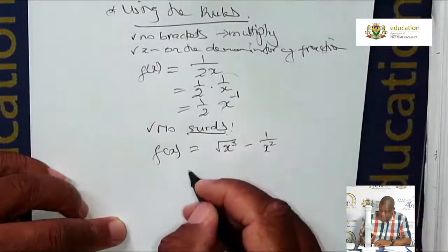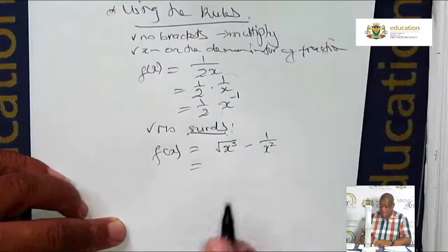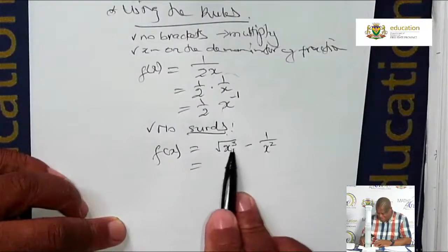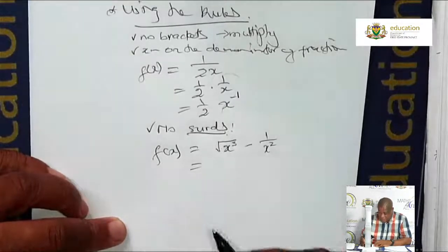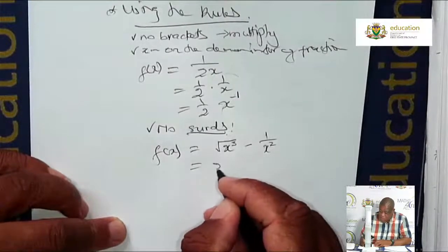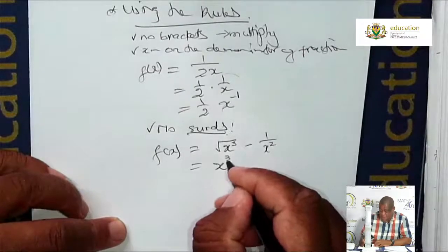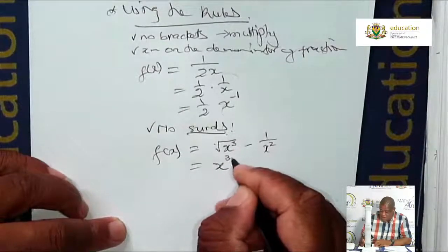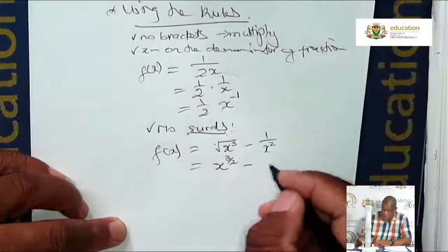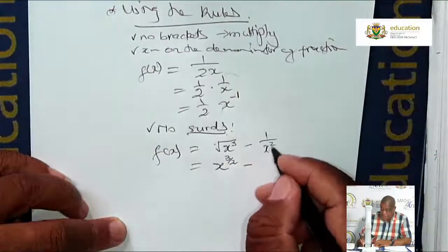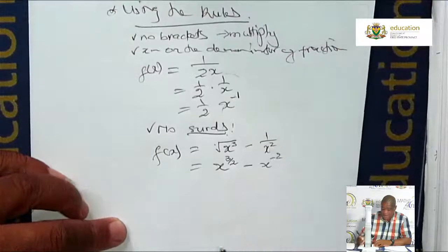And I've involved two things there. First one, this is the surd I'm talking about. We cannot work it like that, and because it is the square root, let's make sure we write this as x to power 3 over 2, minus this one. We'll be talking to that one. Instead of having it as 1 over x squared, it will be x to power negative 2.